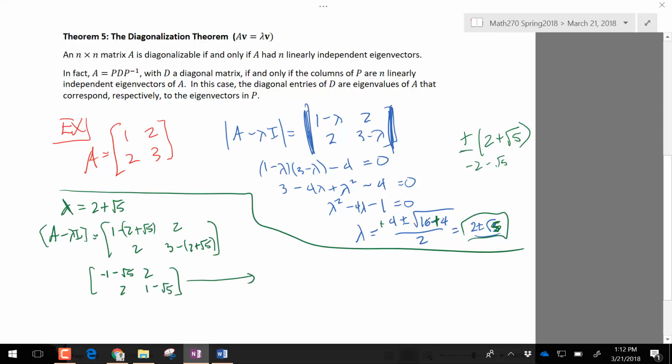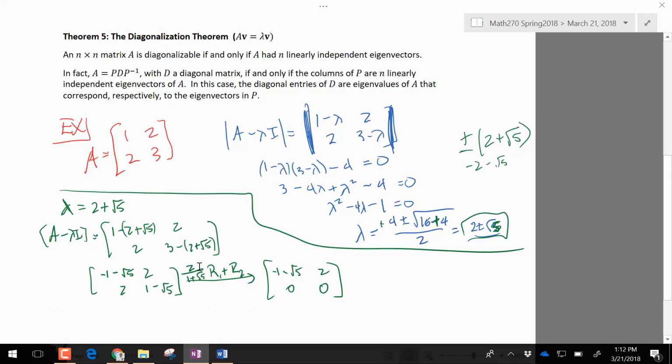So this is where we do that funny thing where we multiply 2 divided by 1 plus root 5 times R1 and add it to R2, so that our first row will remain the same and our second row will be zeros.